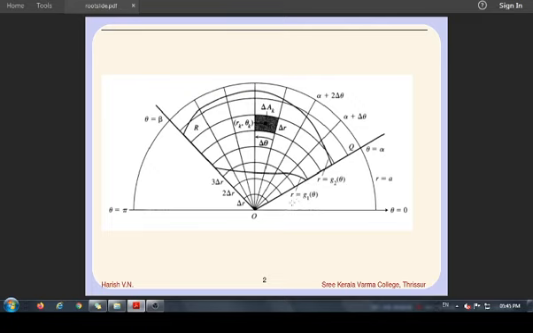Now, when I construct these grids by drawing lines theta equal to constants and r equal to constants, I follow a certain rule. So what is that rule? See, this is theta equal to alpha and this is theta equal to beta. So the total angle subtended is beta minus alpha. So divide it into n portions, or m portions, say.